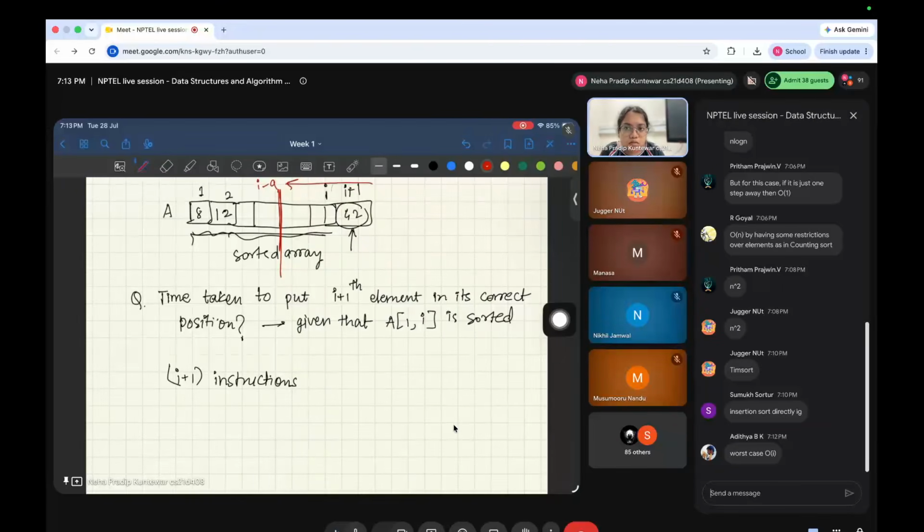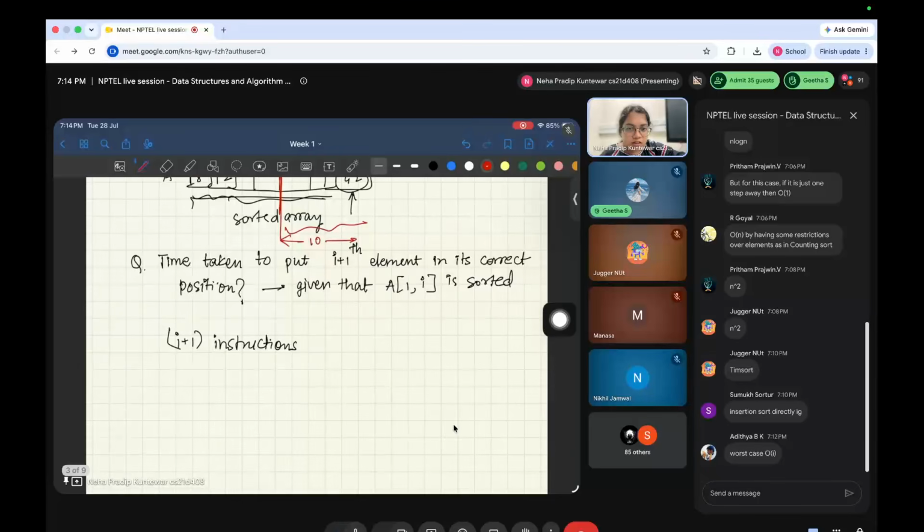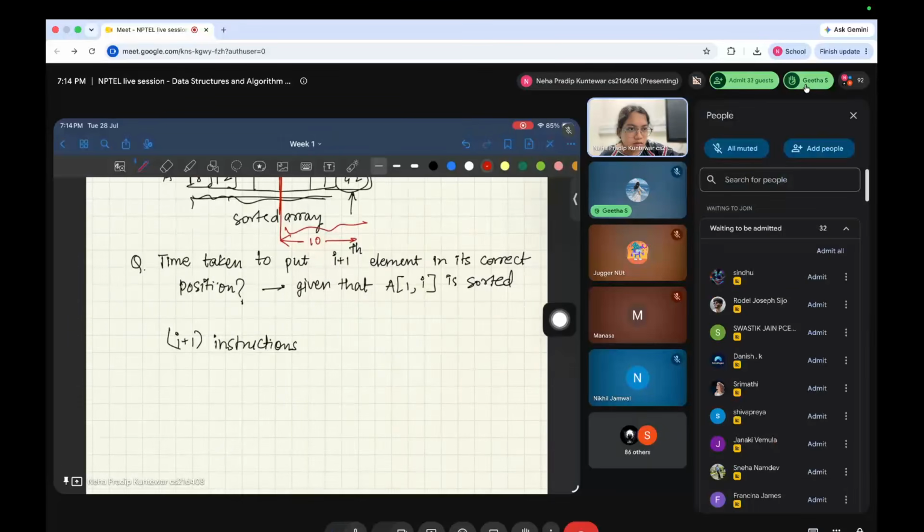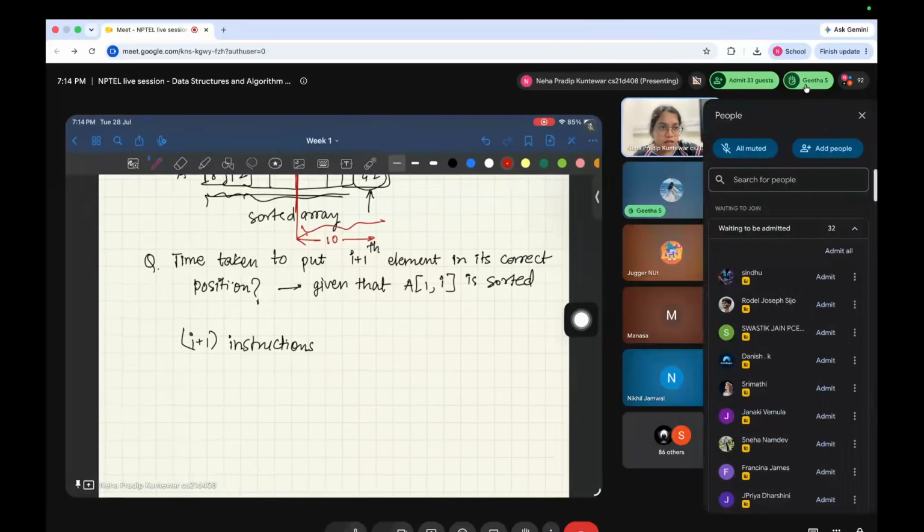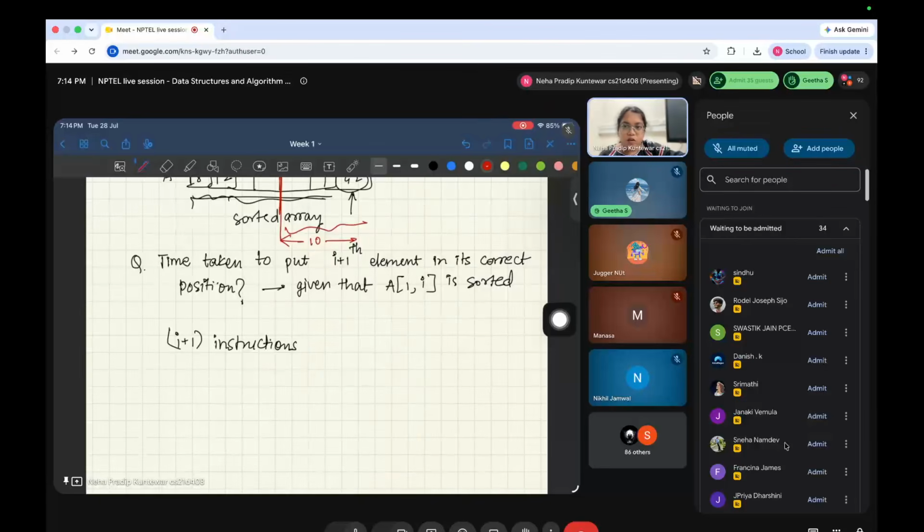Does this make sense? Yes, ma'am. So you only need to go 10 positions before the current element.